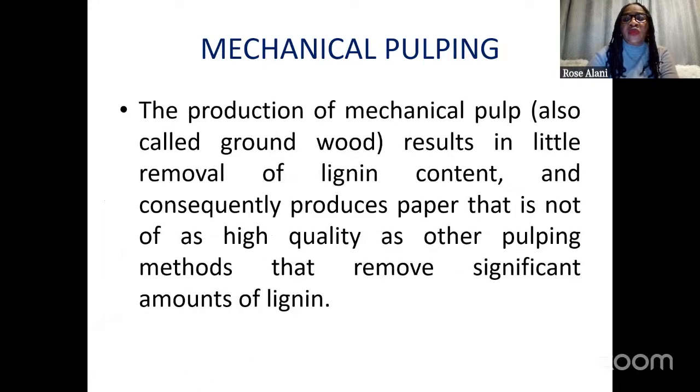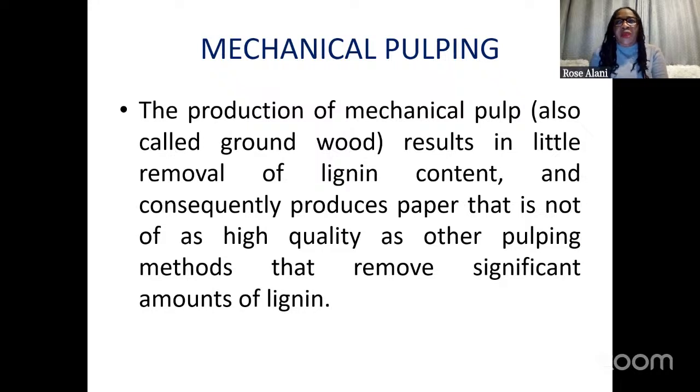So the production of mechanical pulp, which is also called groundwood pulp, results in little removal of lignin content. The consequence of this is producing paper that is not of high quality compared to the chemical pulping method.